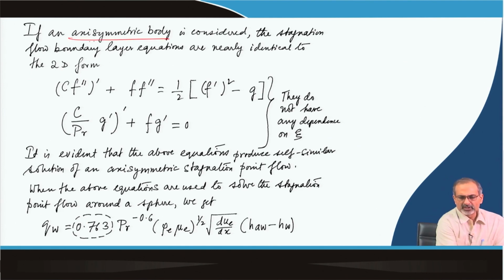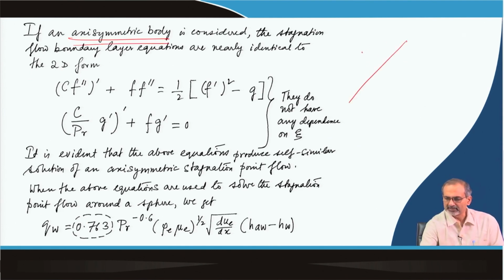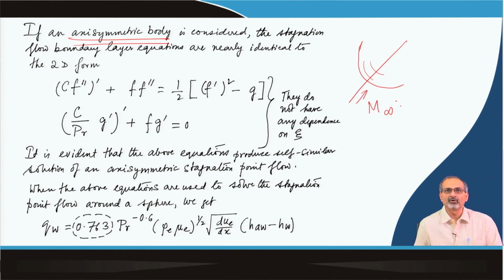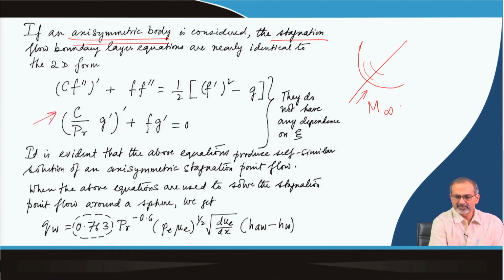Now, instead of a 2D geometry, if you now consider an axisymmetric body, so about this axis you have a geometry like this. So, in this case we are considering a sphere facing the same flow. Of course, there will be a shock, but behind the shock we look at the boundary layer flow, and near the stagnation point the boundary layer equations will look like this, which are somewhat similar to the 2D form we saw in the previous slide.